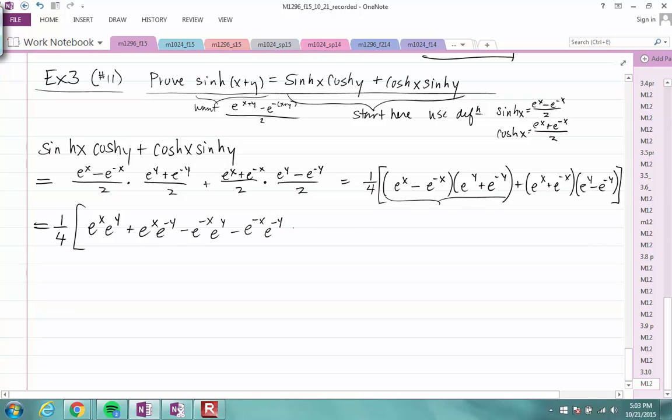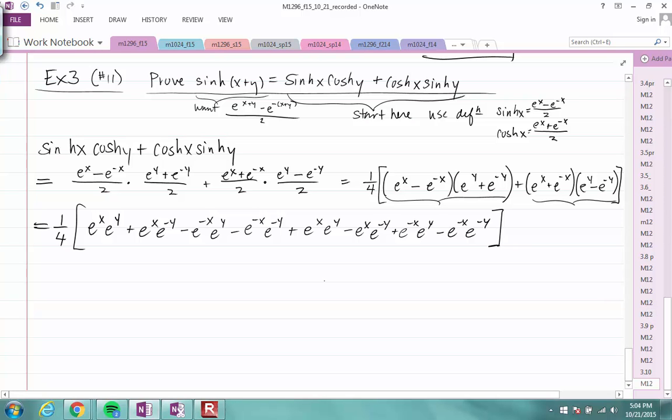Done with that. Plus, FOILing out the second part. e to the x, e to the y. Then we're going to have minus e to the x times e to the negative y. Then we're going to have plus e to the negative x times e to the y. Minus e to the negative x times e to the negative y.